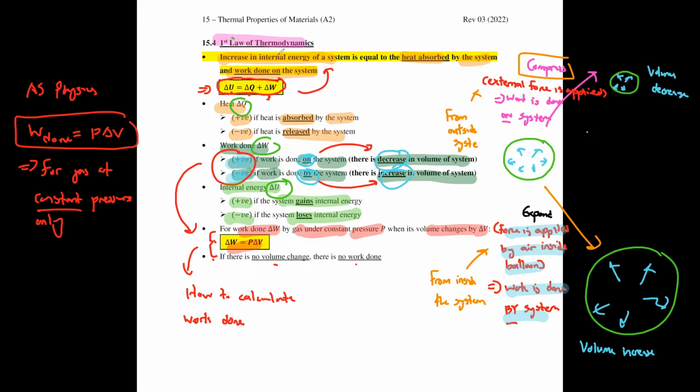All right, so now back to the original equation that you see here. It was mentioned that the equation for the thermodynamic first law is delta U equals delta Q plus delta W. Now remember in maths, if something is positive, you generally don't need to purposely write the positive before the variable.